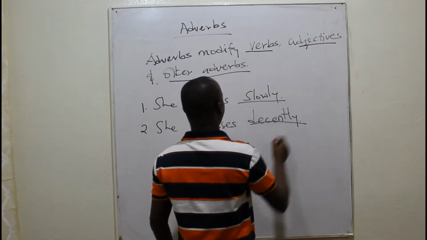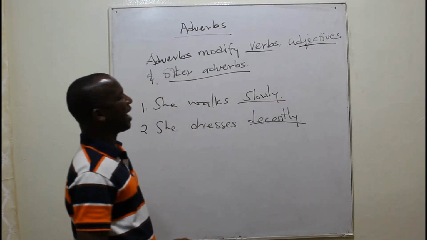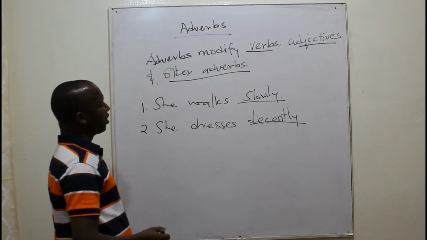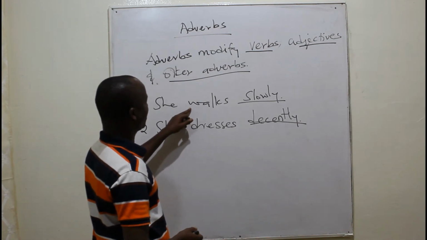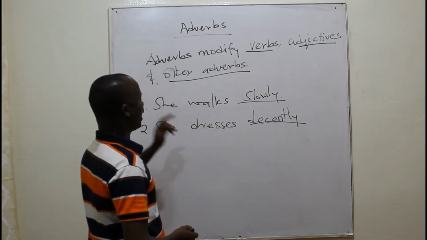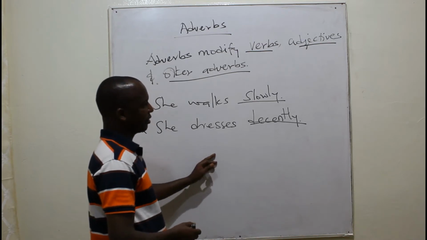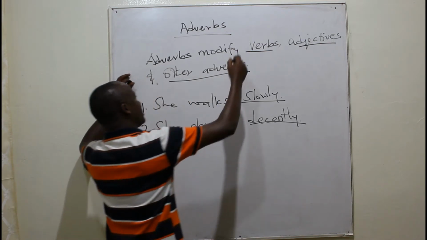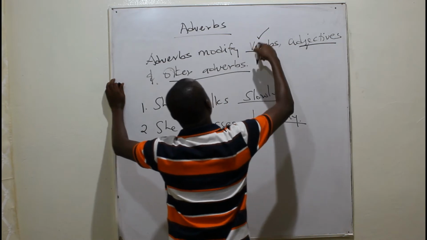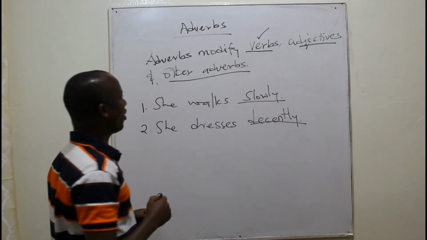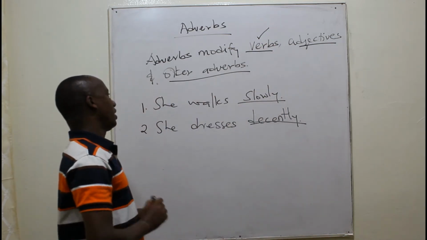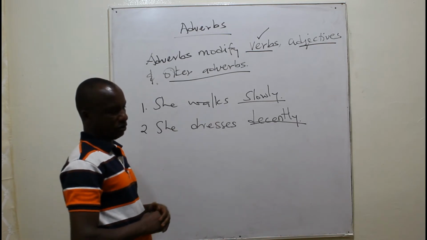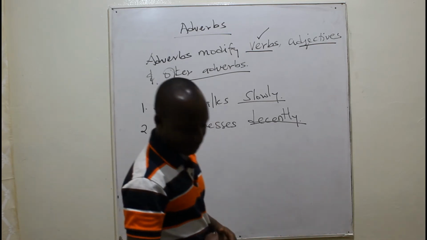Slowly and decently here are said to be adverbs. Why? Because they modify the verbs walks and dresses. So the first part of the definition, which says that adverbs modify verbs, is true. We have been able to prove that.